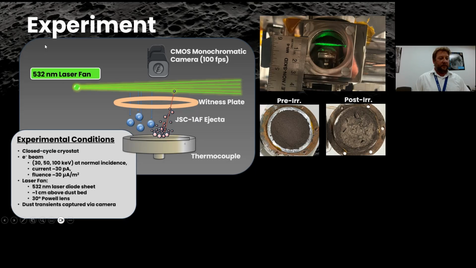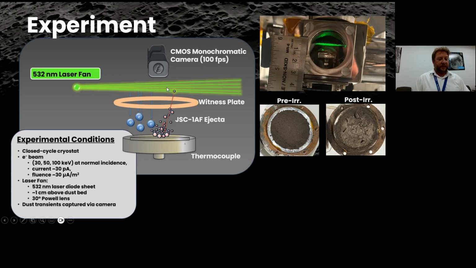The electrons are magnetically bent down onto the sample and defocused. We looked at three different energies: 30 keV, 50 keV, and 100 keV. As the electrons impacted the surface, we had a laser fan, a laser spread out into a sheet.